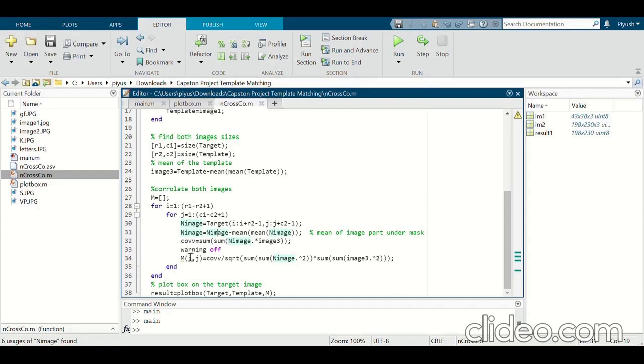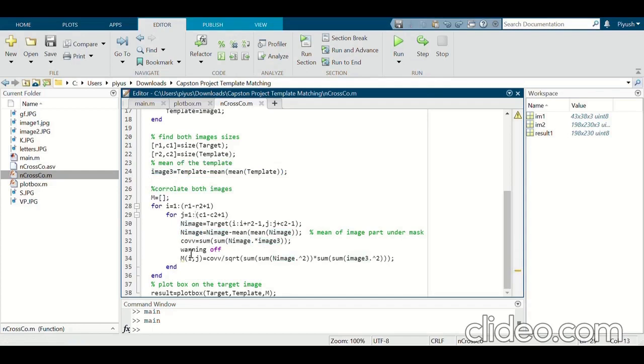This is my covariance. And by this operation, sum over sum, I have calculated the covariance of an image. An image is the overlapped image, of course, that I have updated here. And then this image i3 is the template minus mean of template.